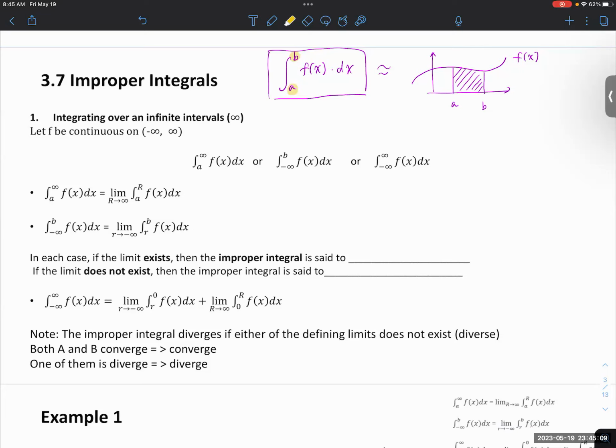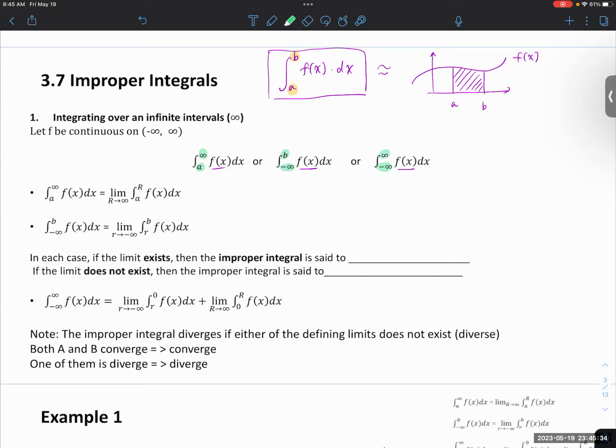What if we have an infinite interval? For example, you have a function f of x everywhere, and the interval gets involved with infinity. So let's say from a to infinity, or negative infinity to b, or from negative infinity to positive infinity.